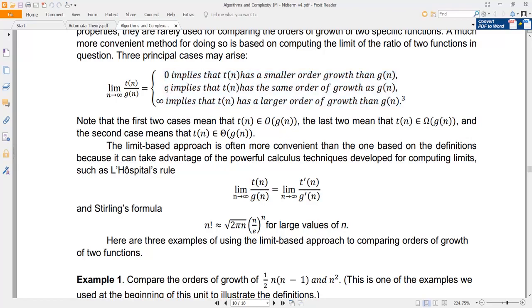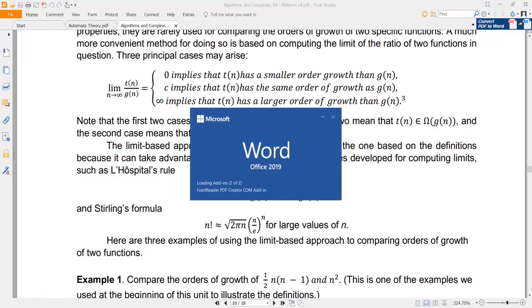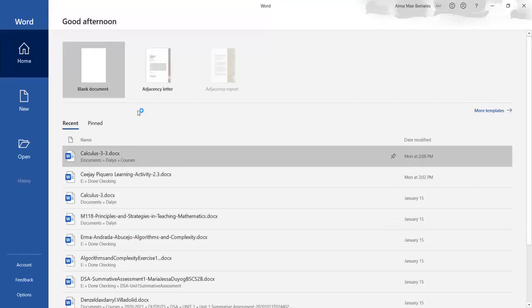If pariha ang degree sa P and Q or T of N o G of N, ang iyahang result is a constant. While if less than ang degree sa T of N kaysa G of N, 0 ang result. And if greater than, infinity ang result. Okay. So, let's have another example here to illustrate.